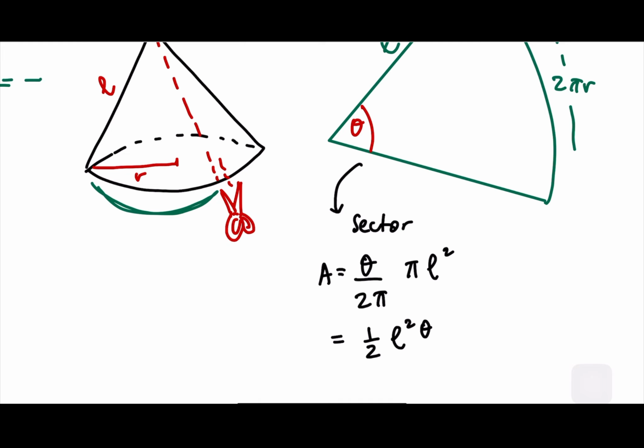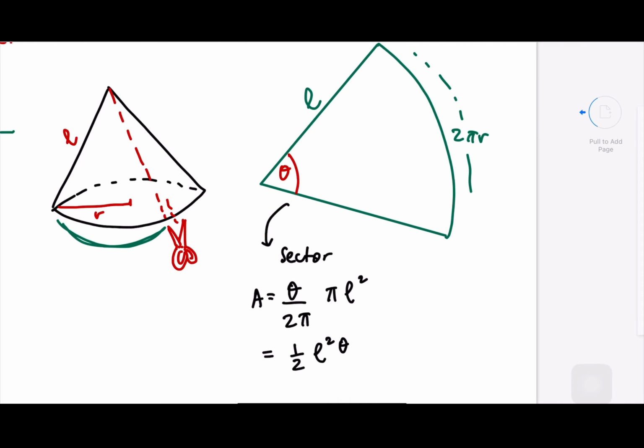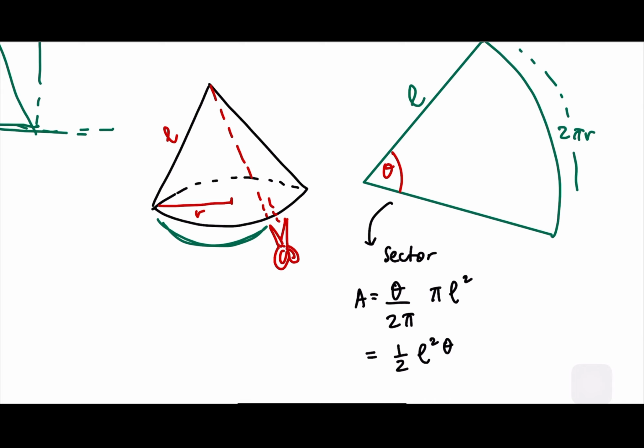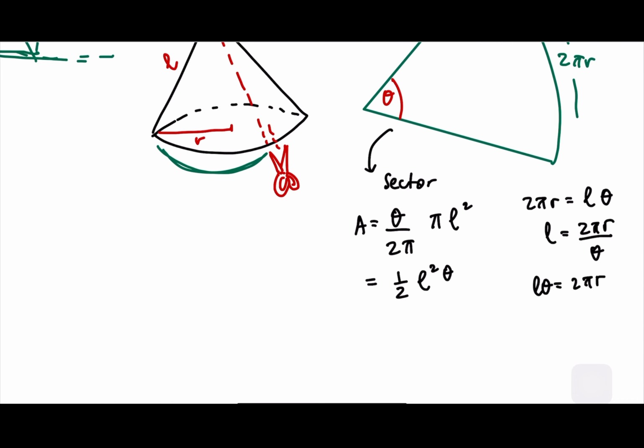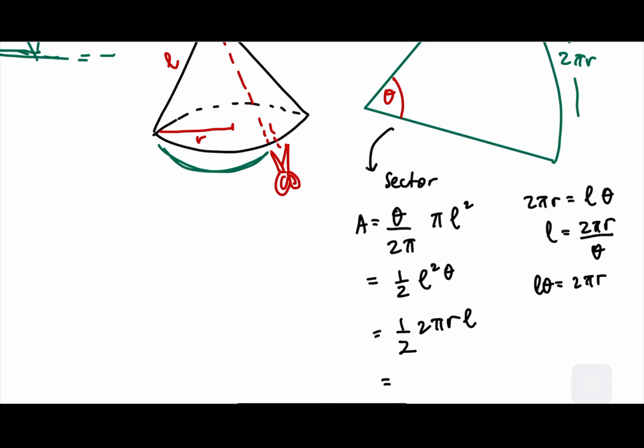And we know that 2 pi r is equal to L multiplied by theta, so L theta is 2 pi r, and we have half times 2 pi r times L. So this will be pi r L, the area.